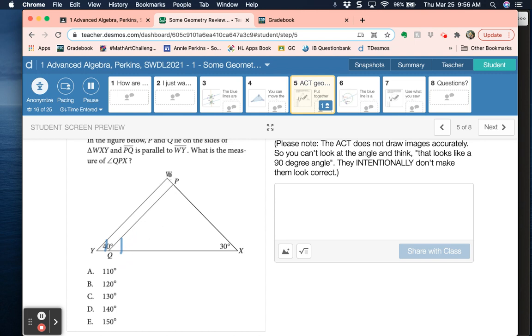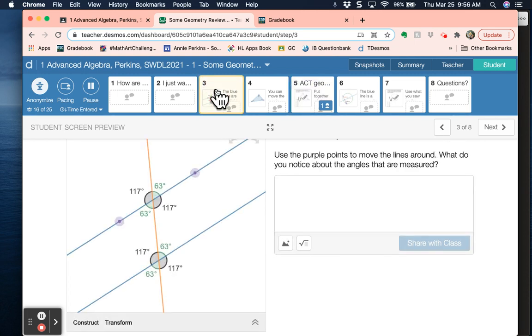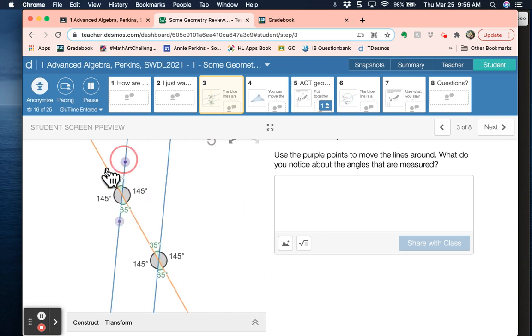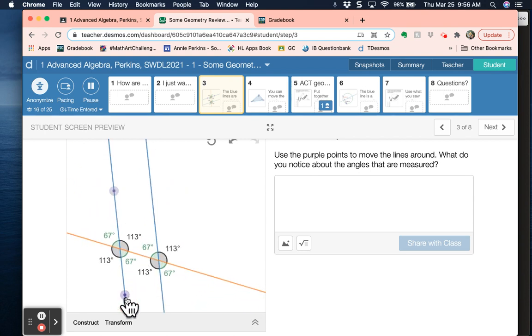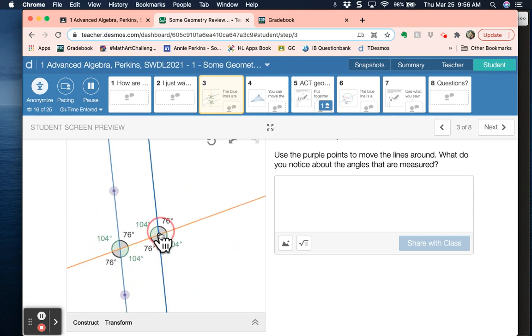The angle WYX is the same as PQX, so you can label that this is also 40 degrees. And that is because it is just like these. It's like me saying this one is 63, and then, sorry, maybe it's a little bit more like this. Yep.